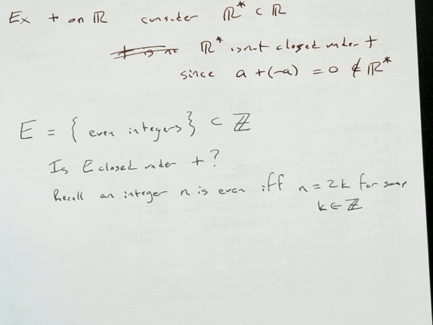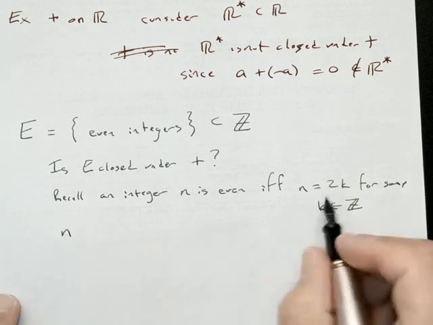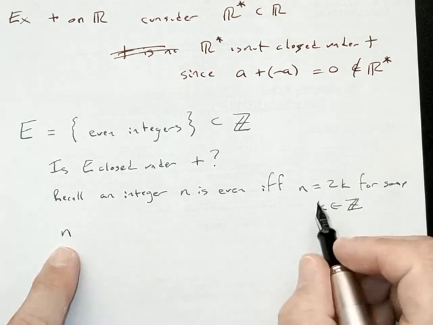You could write n equals 2l for some other even number. Well, wait a second. If I have n here and I have n here, those are going to be the same thing. Oh, I said n. Oh, thank you.